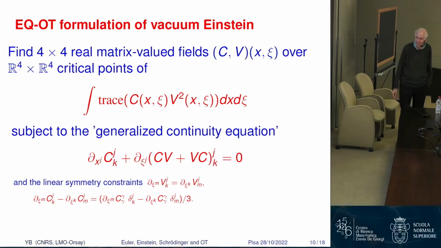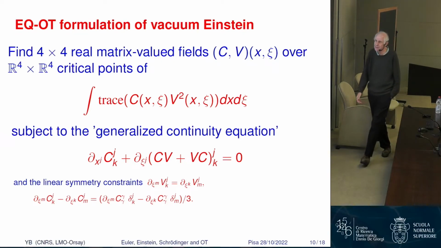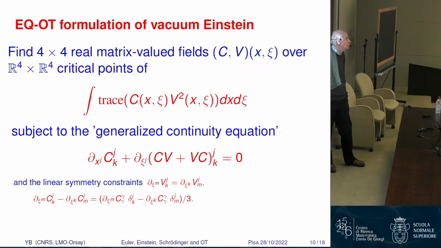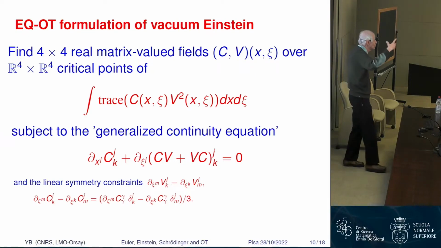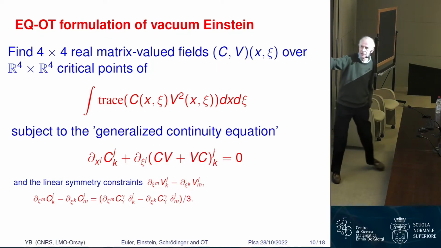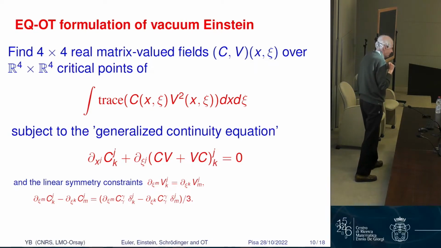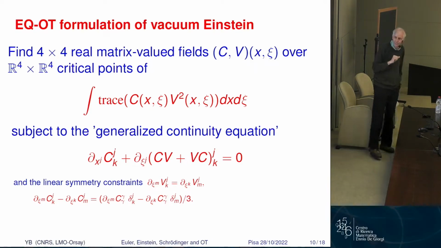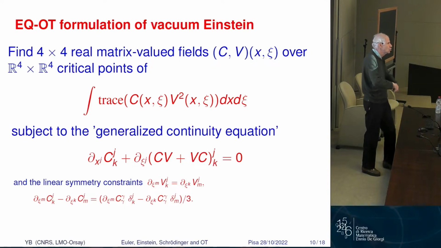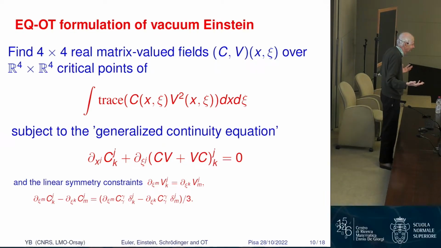In some sense, the critical point of this problem contains the solutions of the Einstein equation as very special solutions, because in the Einstein business, the V is linear in psi. So this is like a huge embedding of the Einstein equation in something much bigger, and the drawback is that it's not so clear that it's tractable.